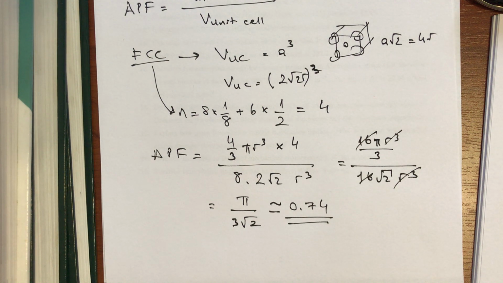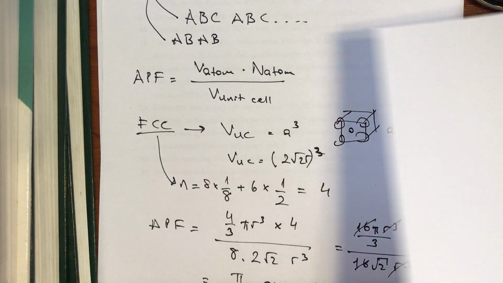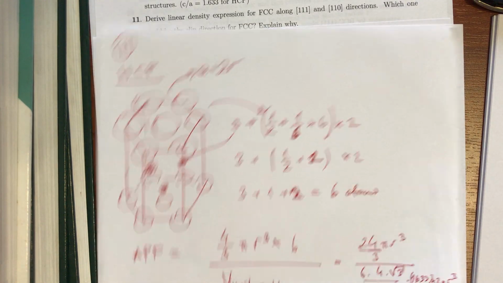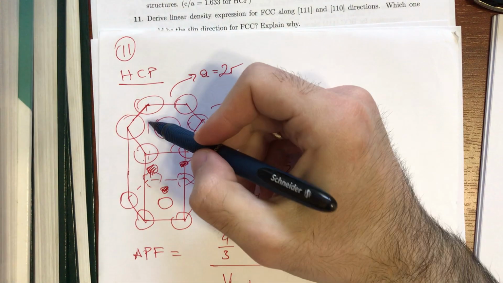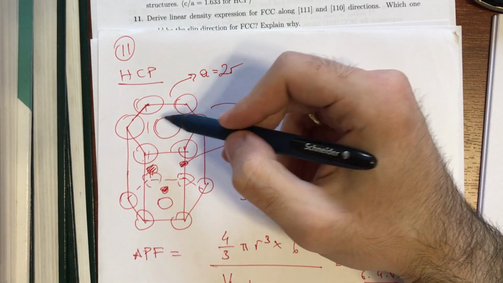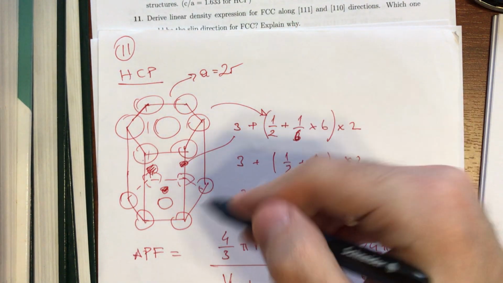So for HCP, since we know that both of their atomic packing factors are the same, we expect the same value. Now, HCP is a somewhat complicated structure. I will directly show it from here. You draw the basal planes first. The basal planes are hexagons, hence the name hexagonal close packed.